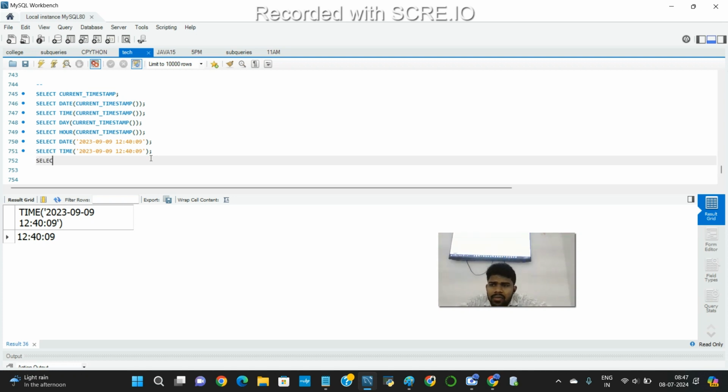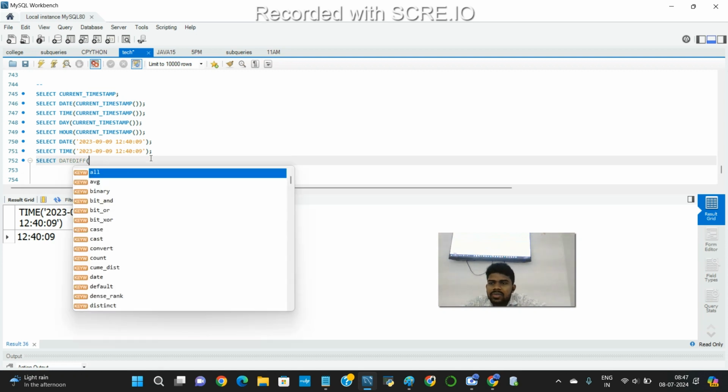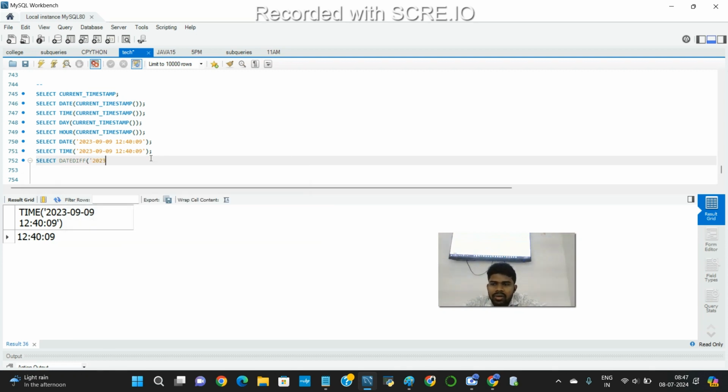Let's suppose I want to find the difference between two dates. For example, there is a date 2024 Jan 12, and similarly 2024 Jan 15.